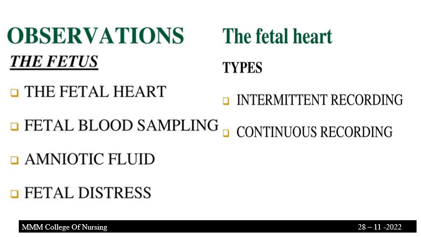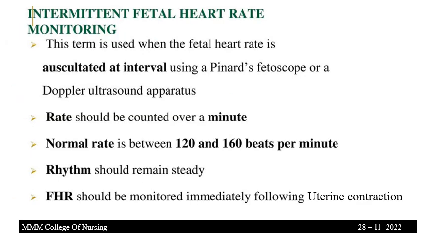Observations for the fetus: you will observe the fetal heart rate, fetal blood sampling, amniotic fluid, fetal distress. In fetal heart rate there are two types of recording, intermittent and continuous. In intermittent recording, the heart rate is recorded using a Pinard stethoscope or a Doppler ultrasound. The rate should be counted over a minute.